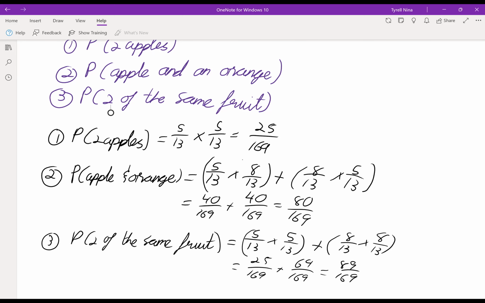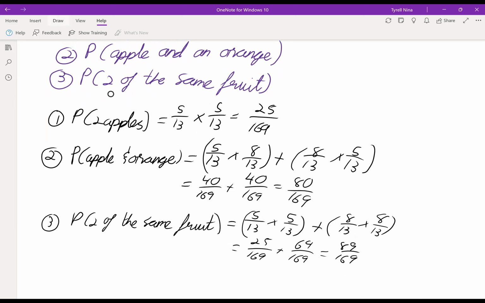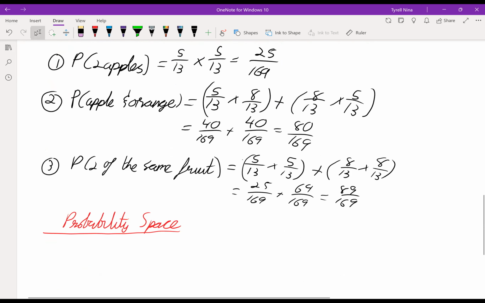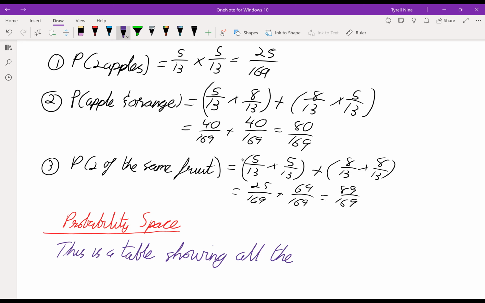Next thing we have to do is something called probability space. This is a table showing all the possible results.